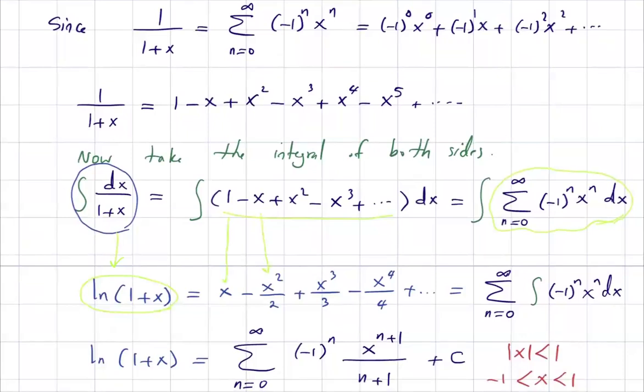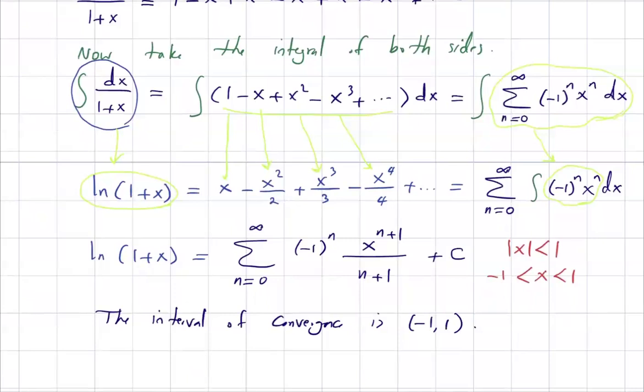The integral of negative x is negative x squared divided by 2. The integral of x squared is x cubed divided by 3. The integral of negative x to the third is negative x to the fourth divided by 4, and so on. And the integral of the sum can be calculated by just taking the integral of the general term here.